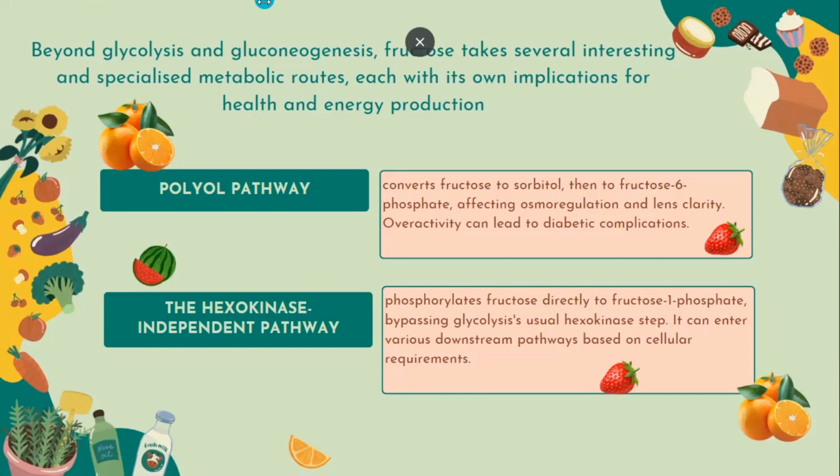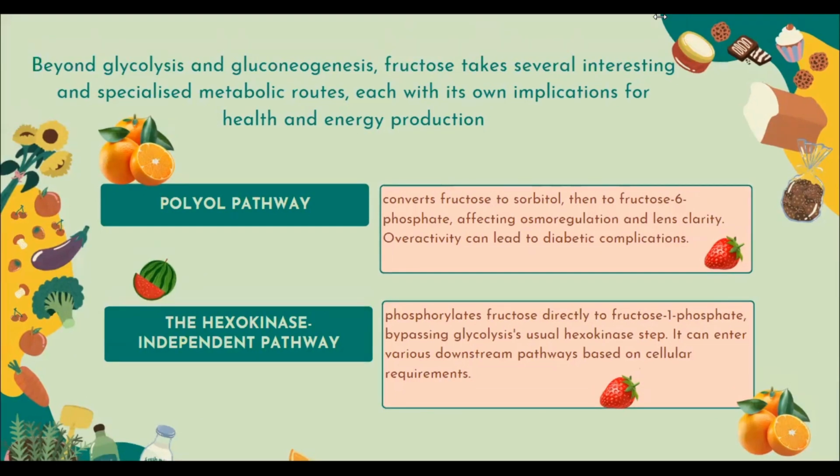Overactivity can lead to diabetic complications. The hexokinase-independent pathway. They say that it phosphorylates fructose directly to fructose 1-phosphate, bypassing glycolysis's usual hexokinase steps. It can enter various downstream pathways based on cellular requirements.